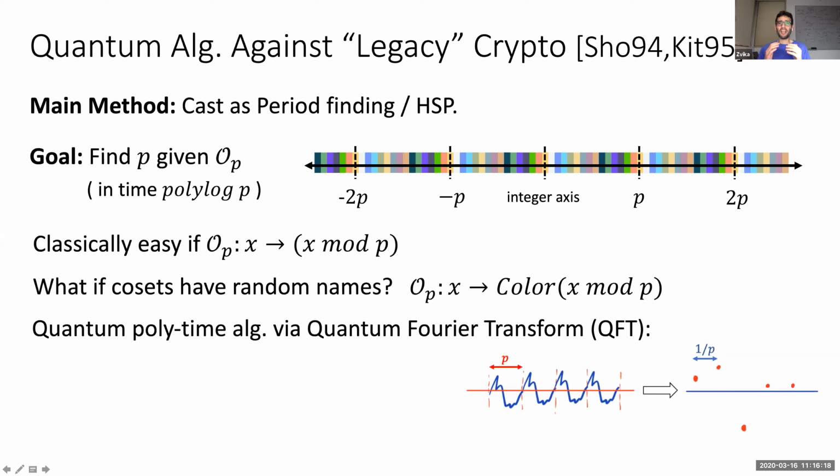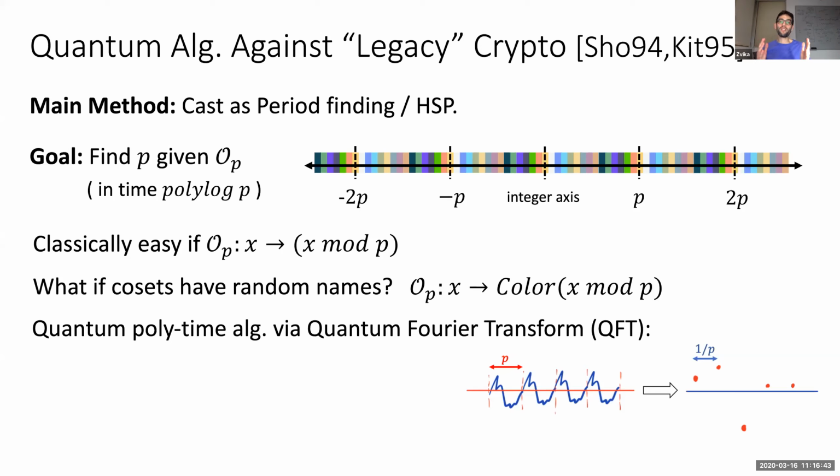I didn't say what a quantum state is, and I didn't say what a superposition is, but for our purposes, it suffices to say that a superposition or a quantum state can represent a function of this form. And using the color oracle, I can generate a superposition which is periodic over the cosets of the integers mod P.